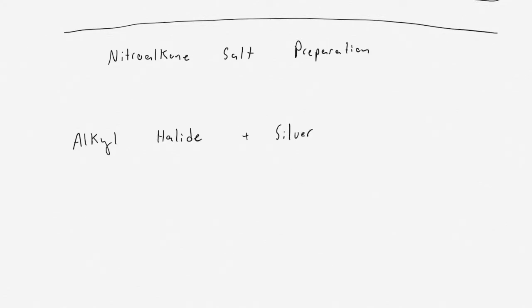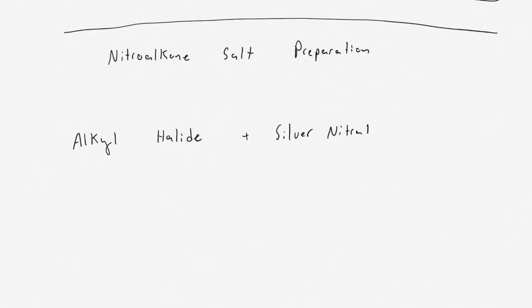To get this nitroalkane salt, there's a couple different ways we can do this. Perhaps the simplest way to approach this is you can have an alkyl halide. Again, this goes a little bit beyond Nef, but it's useful for us.